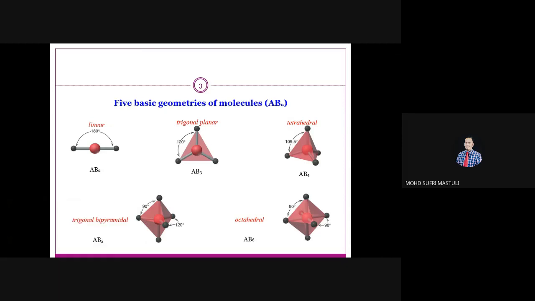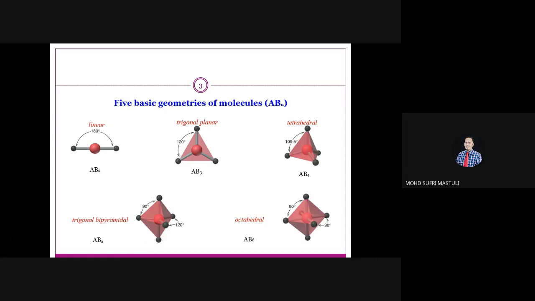It is not enough only remember the name, but you must be able to draw the geometry of each type of geometry.